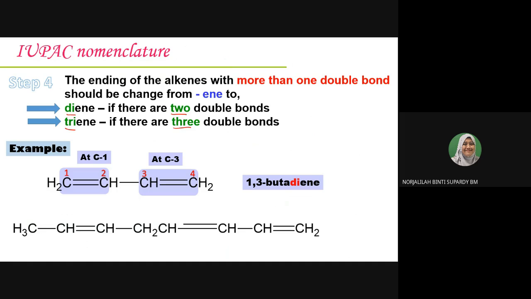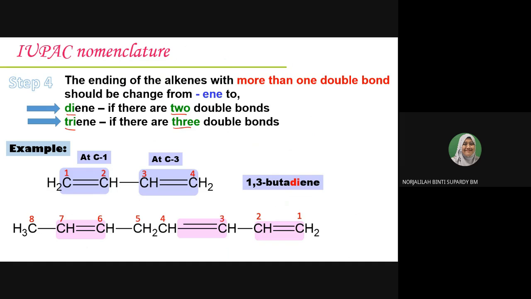For the next structure, we have 3 double bonds. Note that we start numbering from the right side because it will give the lowest possible number, with carbon number 1 consisting of a carbon-carbon double bond. If we start numbering from the left side, the carbon-carbon double bond would be at carbon number 2.